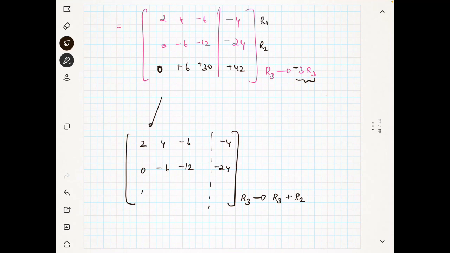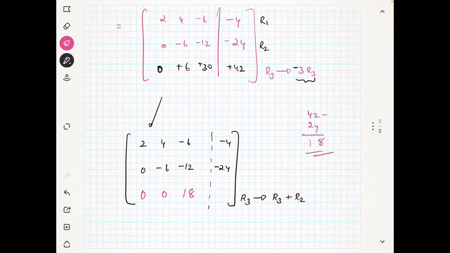So 0 plus 0 becomes 0, and minus 6 plus 6 becomes 0, and this becomes 18, right? And if you add these two, 42 minus 24 would also become 18.